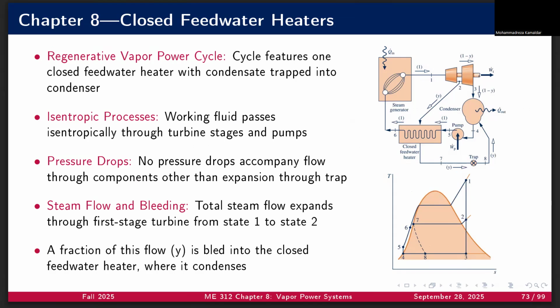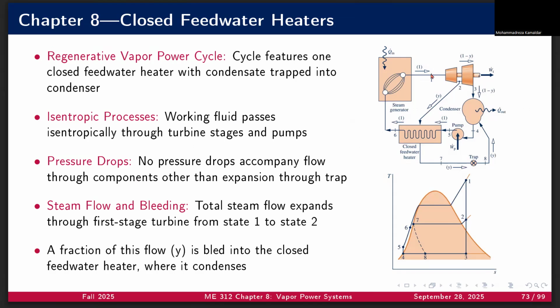This assumption gives us the upper bound for the cycle's performance, basically an ideal Rankine cycle, as you saw previously. We also assume no pressure drops accompany the flow through any component here.